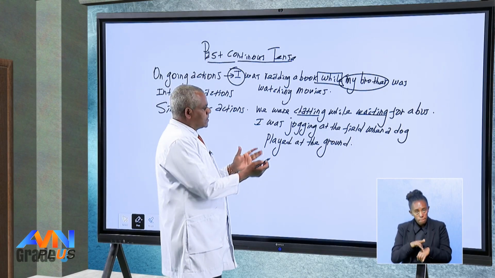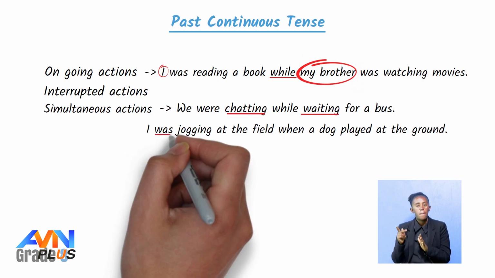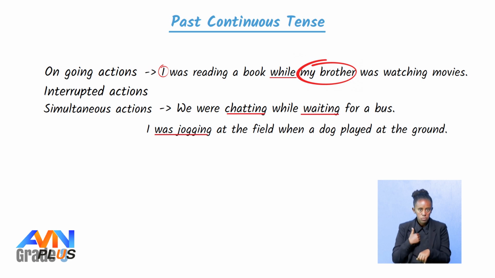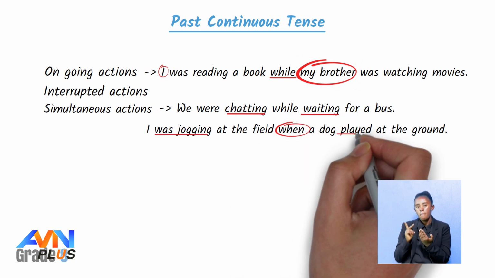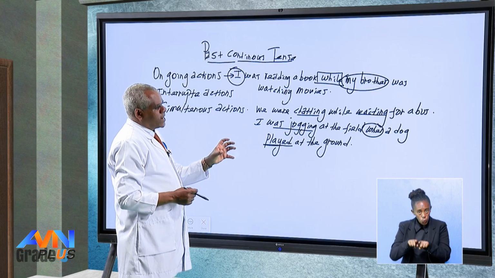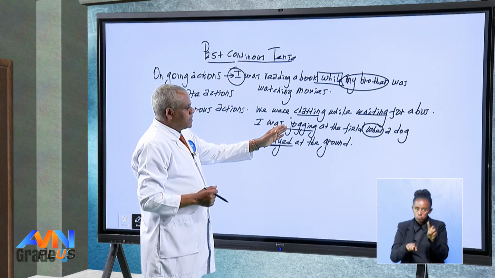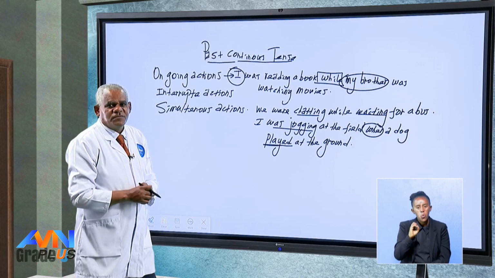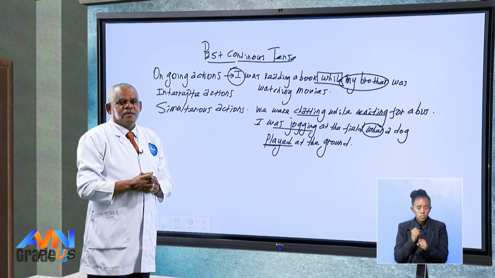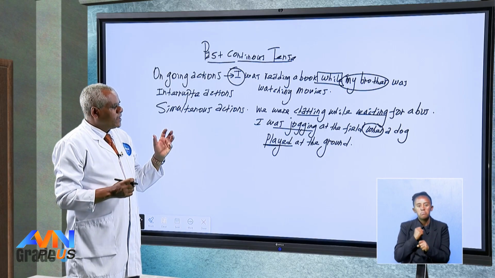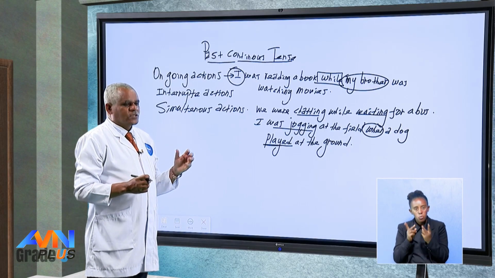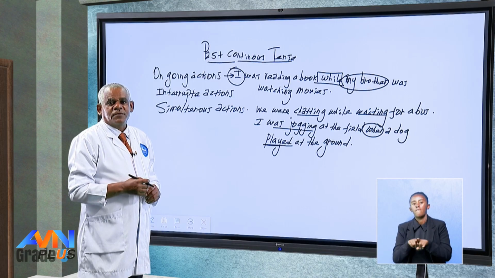So that means, you see here it is past continuous tense, and "when" is followed by simple past tense. Therefore, you have to understand that jogging means a kind of activity in order to make your body free or relax.